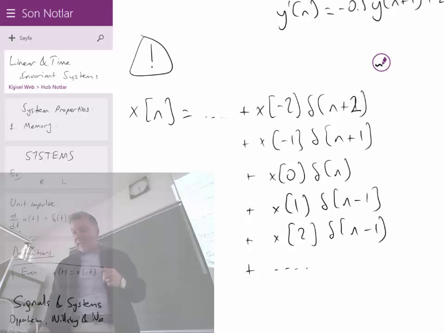The next one is an impulse at minus 1. What is the scale of the signal at minus 1? Its scale is x of minus 1, the value of the signal at that point. This is an impulse at 0, so the value is x of 0, etc. This is an impulse at 1. The magnitude of that impulse is the signal's value at that point, which is x of 1.